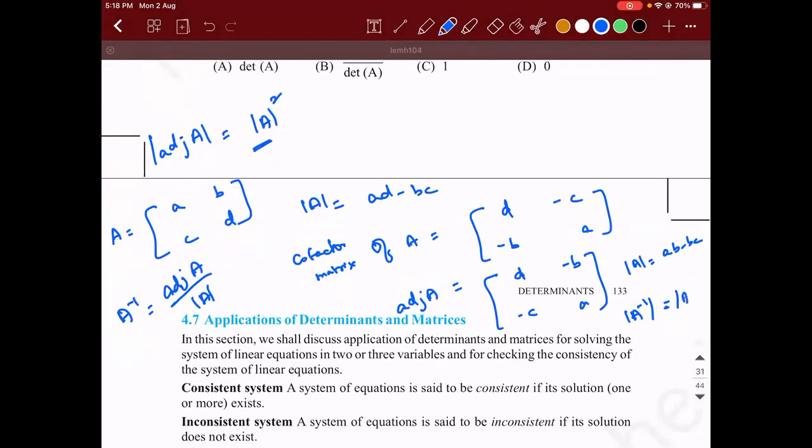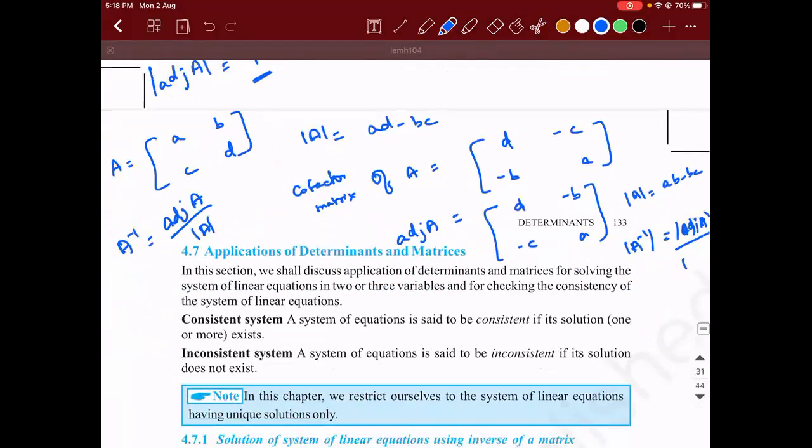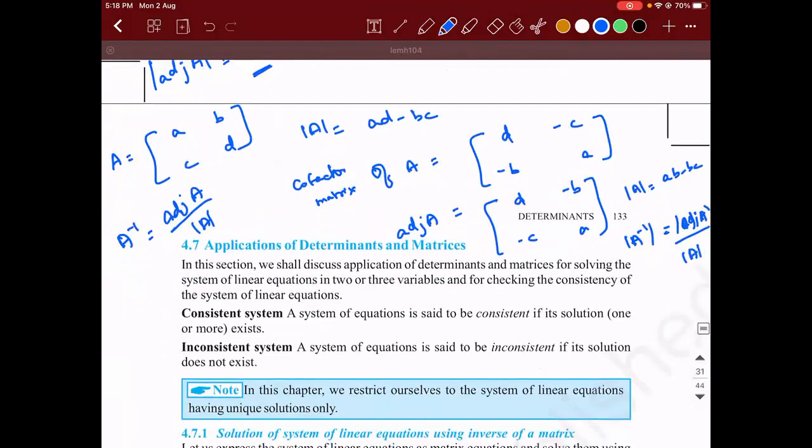Determinant of A inverse is determinant of adjoint of A divided by the determinant of A. Is there anyone having confusion? So A inverse is adjoint of A by det A. If you take determinant on both the sides, it will become determinant of adjoint of A by det A. So what is determinant of adjoint of A? ad minus bc divided by d minus.